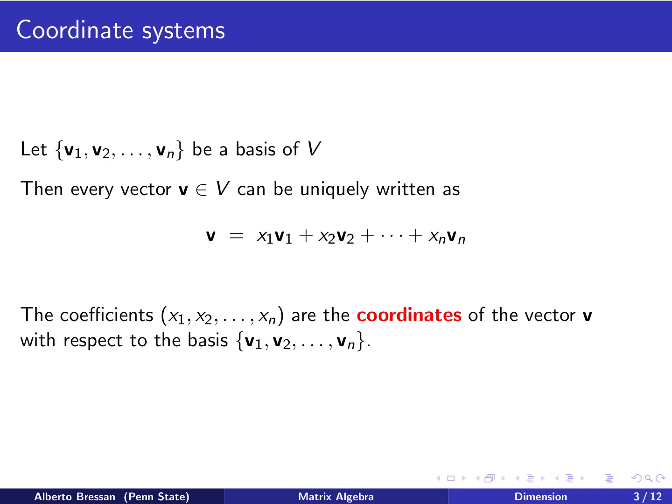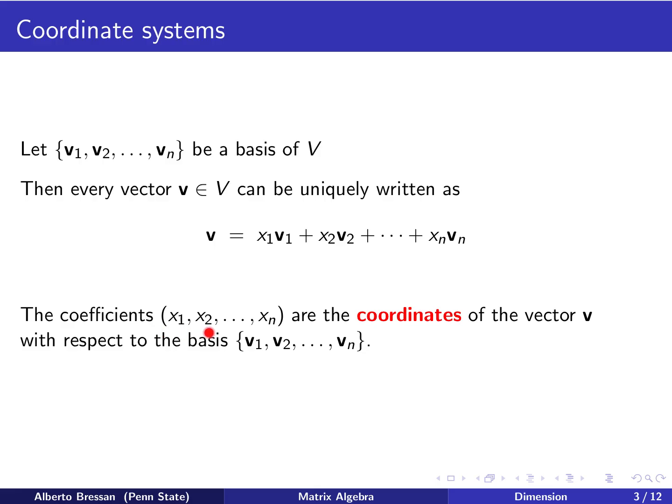So each vector is related to a set of coefficients, which means each set of coefficients uniquely determine a vector in the space. And therefore, we give them the name, the coordinates.